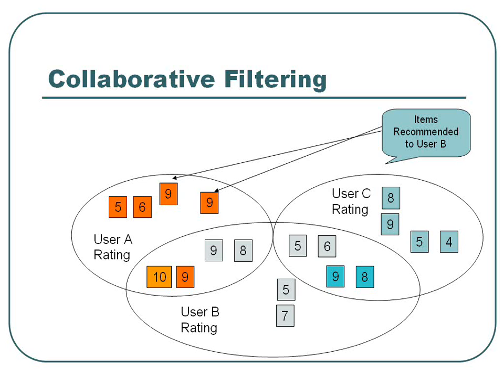Here there are three users, user A, user B and user C. They have rated different items. If we see user A, A has rated a few items as 5, 6, a few items as 9, 9, a few item groups as 10, 9 and a few as 9, 8.